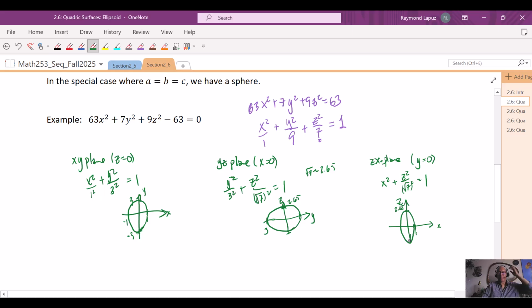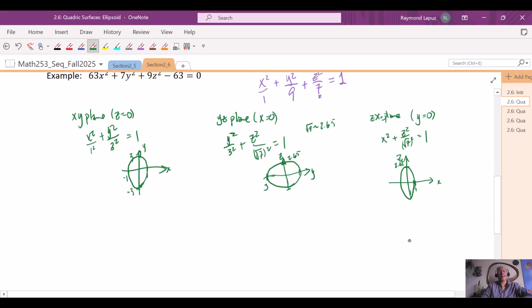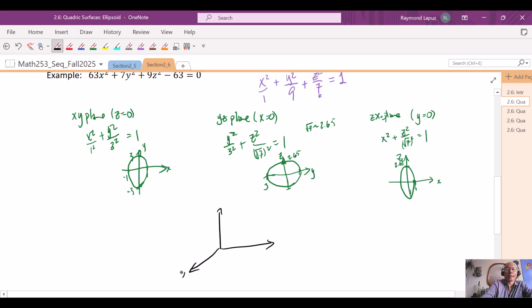Alright, now what we can do is imagine trying to put all this together in 3-dimensional space. So our x, our y, and our z. Really, all you need to do is figure out the intercepts here.